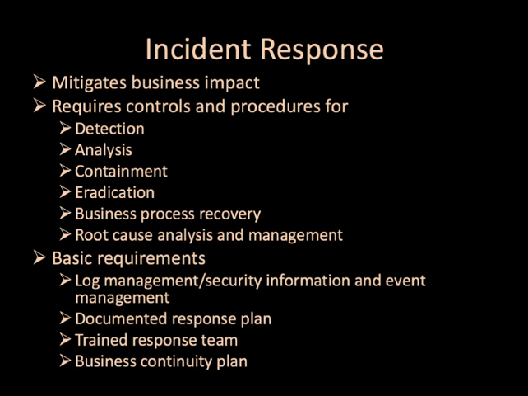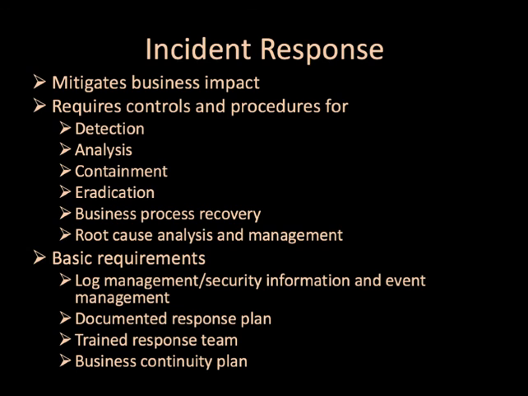Once we detect an incident, we analyze it to determine what is happening. This step allows us to adjust our response to be more effective. Following analysis, we contain the threat. If a worm is present on a VLAN, for example, we shut down all traffic to and from that VLAN. The eradication step includes wiping malware from systems and removing means of entry for attackers.